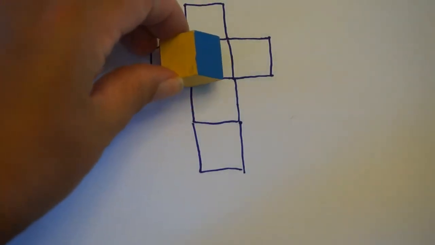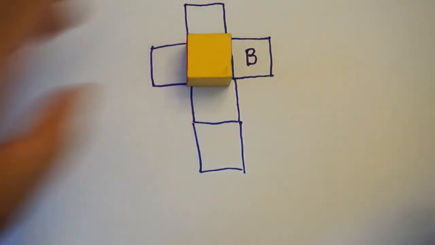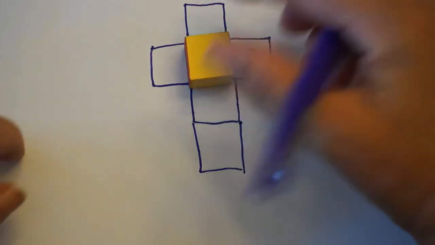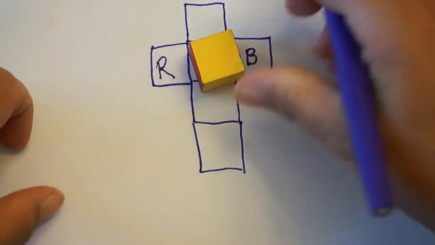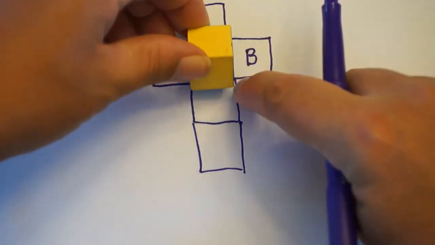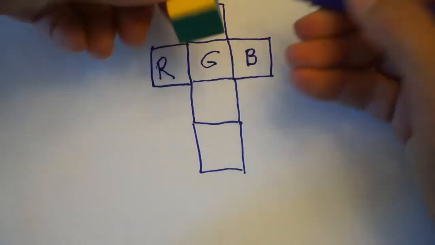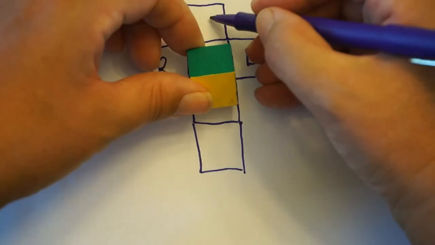I notice that this side is blue. Let's just use B for blue. And this side of the wrapped present is red, so we'll put an R. The side down here that it's sitting on is green. And what's going to go up here? Well, that's this side right here, which is also green.